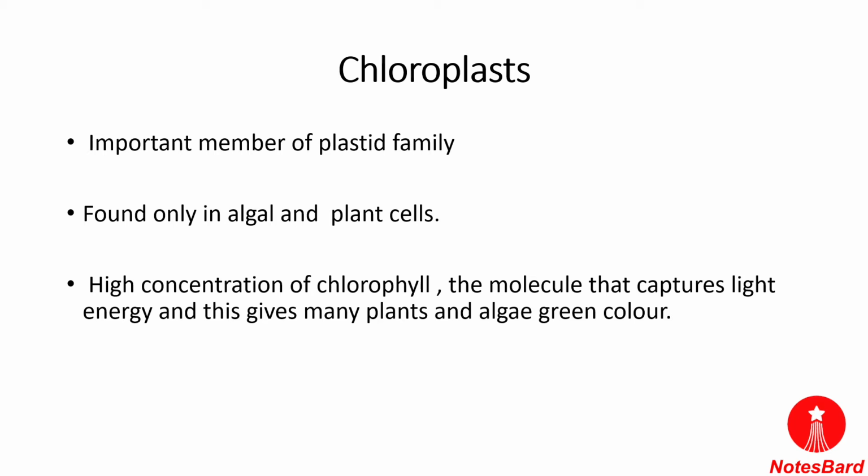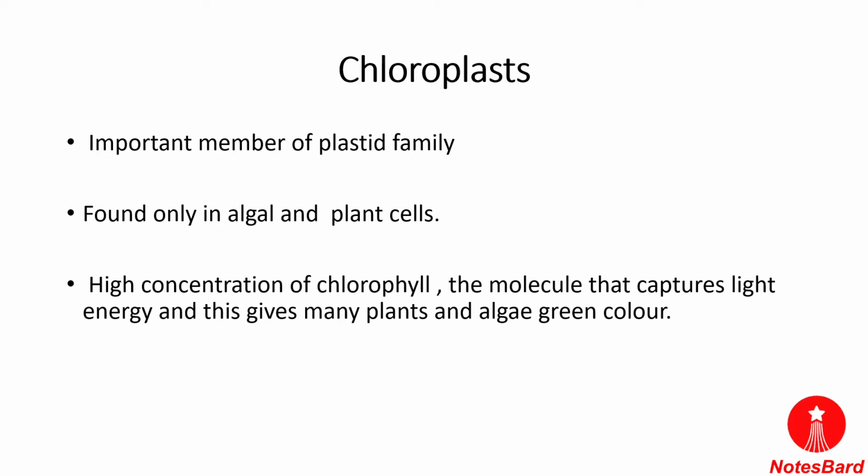It has a double membrane that encloses a fluid filled region called the stroma. In the next slide we will show the figure of the important parts of the chloroplast.